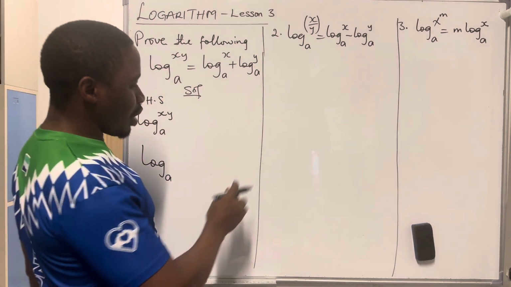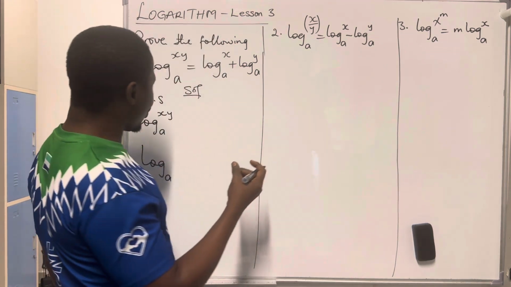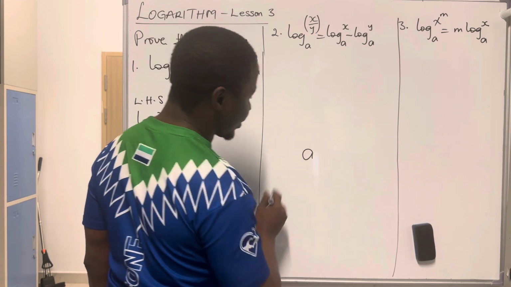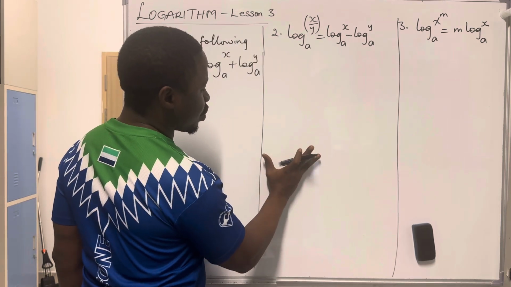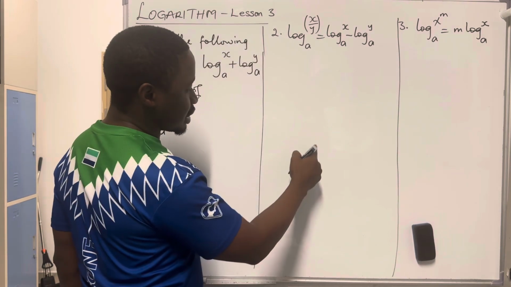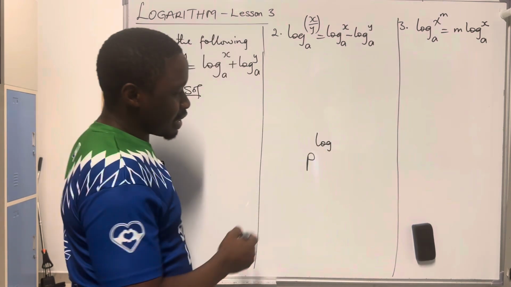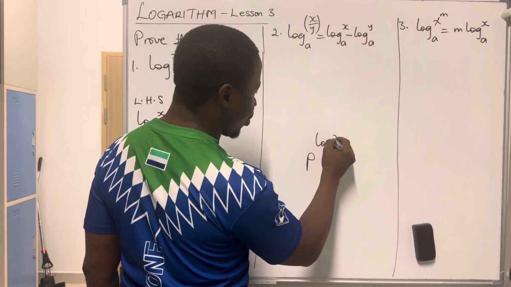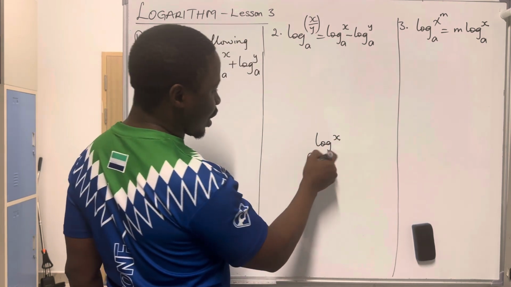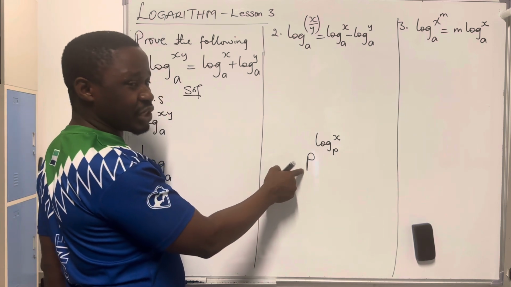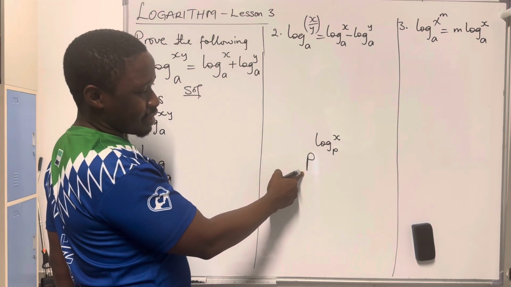We have a particular law in logarithm that says whenever a number is raised to a power, but the power is a log, this log has a number and a base, but the base is the same as the original base here.